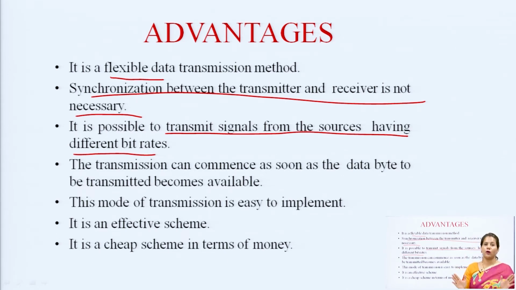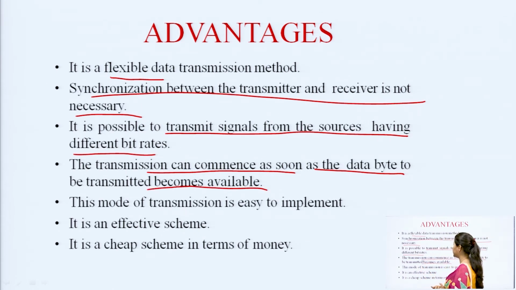We need not worry about having the same speeds. The transmission can commence as soon as the data byte to be transmitted becomes available. Since we need not judge when the clock tick occurs, as soon as the data comes, it can be transmitted. So, that is very flexible communication.